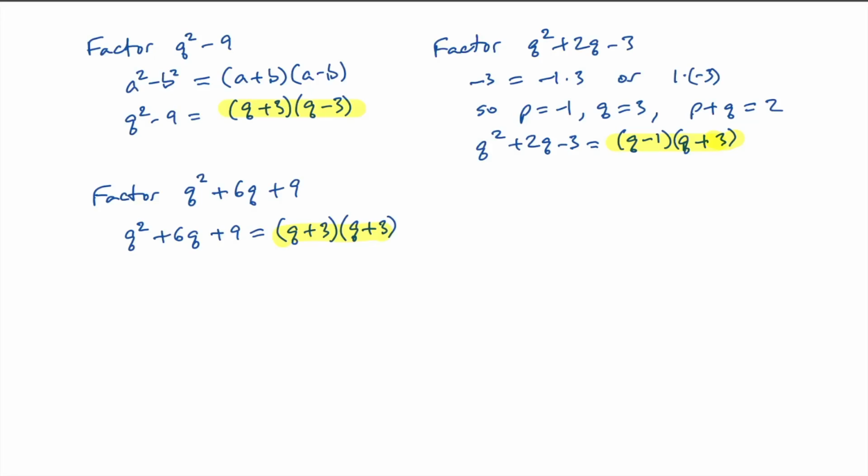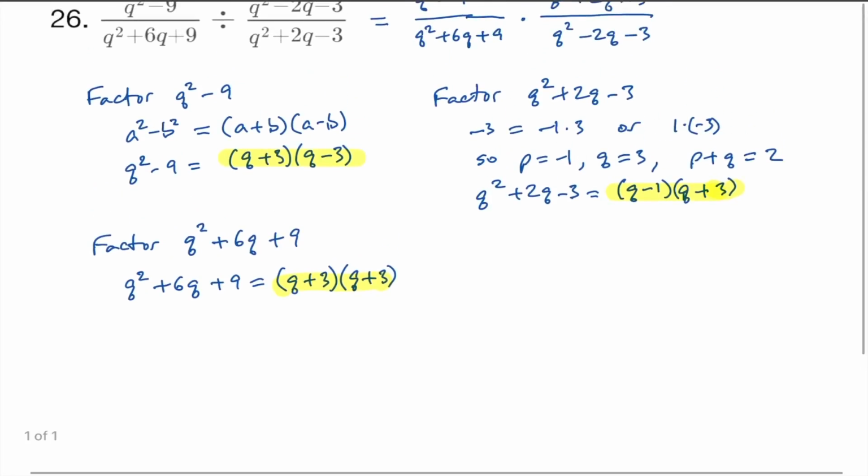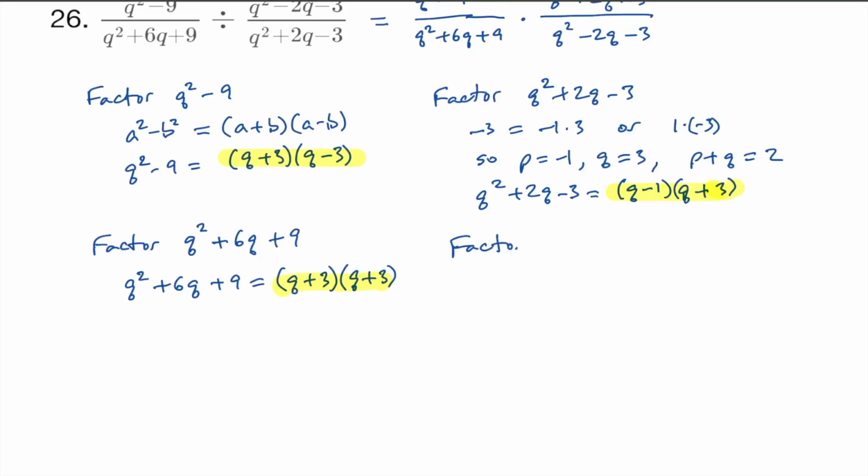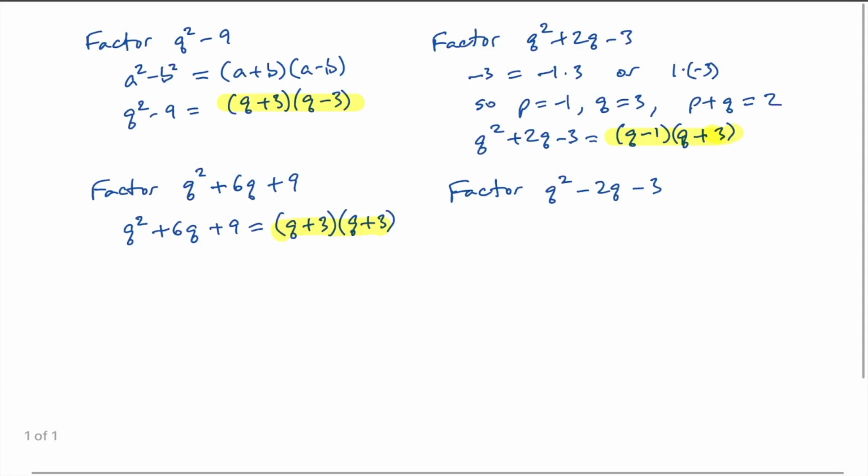And now we're ready for our last denominator. And so we're going to factor q squared minus 2q minus 3. All right, again, a trinomial with leading coefficient of 1. And so this time we need the two factors to add up to minus 2. And so we're going to use 1 times minus 3 to get our minus 3.